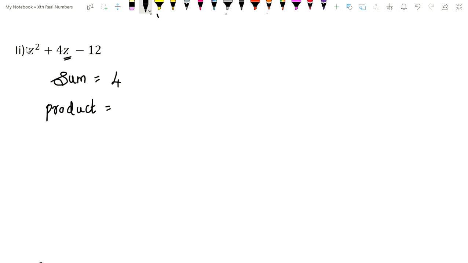There is no number, so it represents 1. So 1 into minus 12, what will you get? Minus 12. First write the factors of 12. 1 12s are 12, 2 6s are 12, then 3 4s are 12.